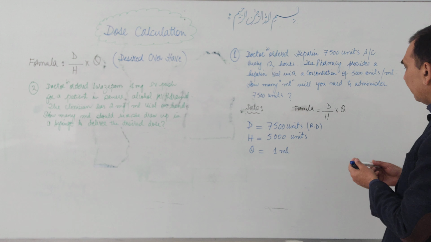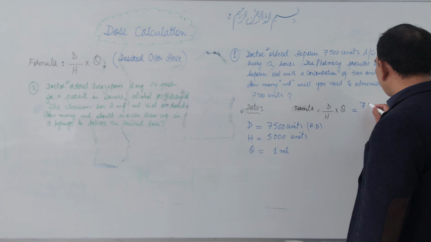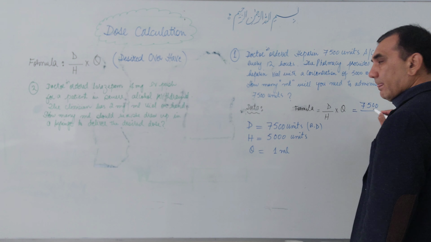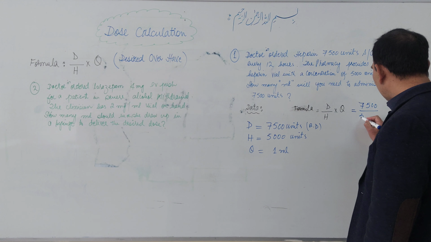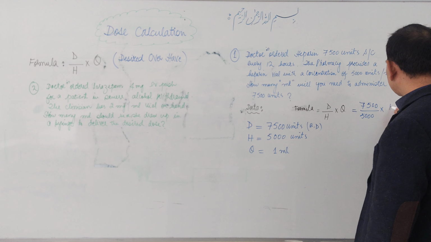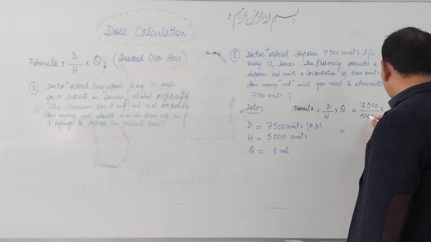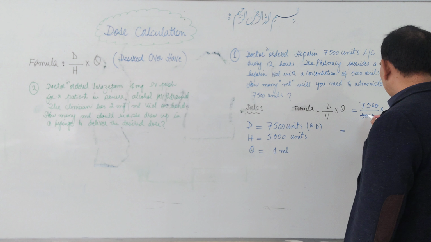Now we put the values in the formula: 7,500 divided by 5,000 and multiplied by 1 ml.